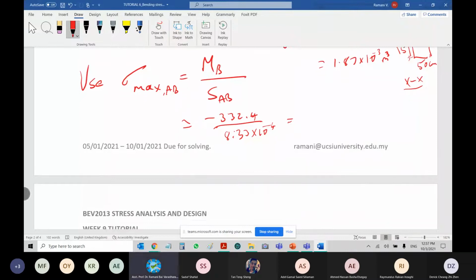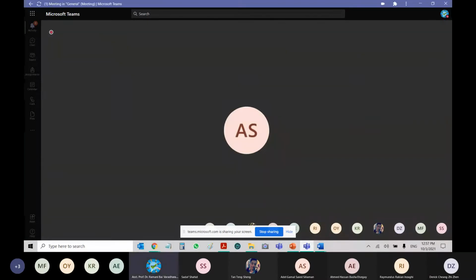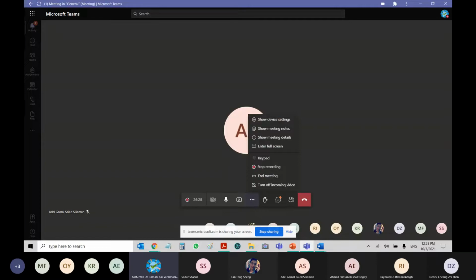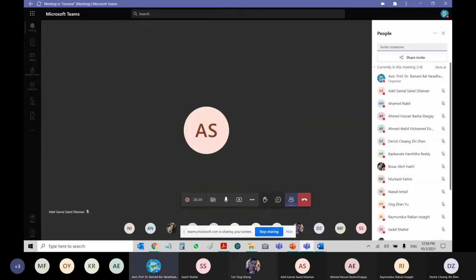What is this answer? Next gentleman. Only one person switched on the camera. What about others? Are you there? You cannot see others. Maybe my computer is like this. All have switched on the camera. Next gentleman, I should keep the attendance with me.